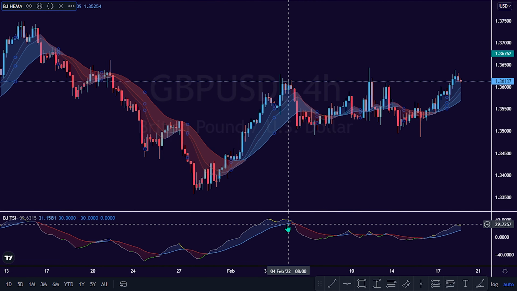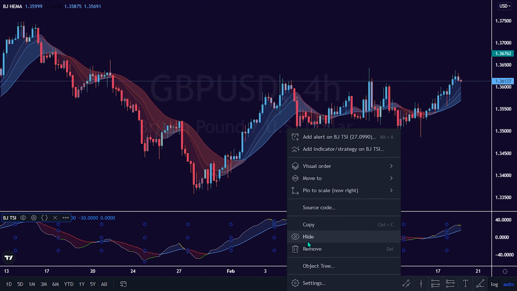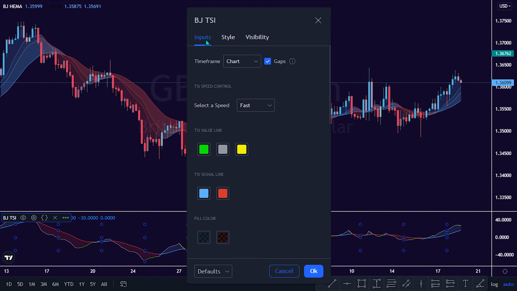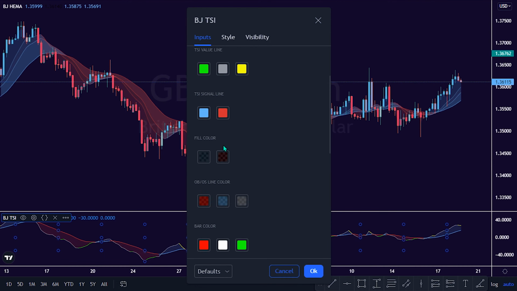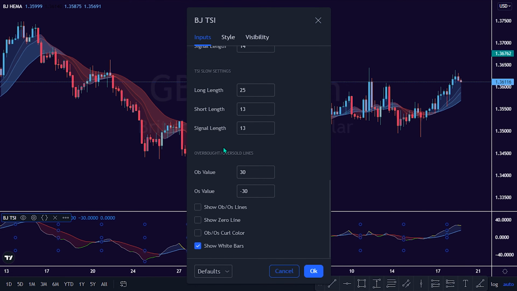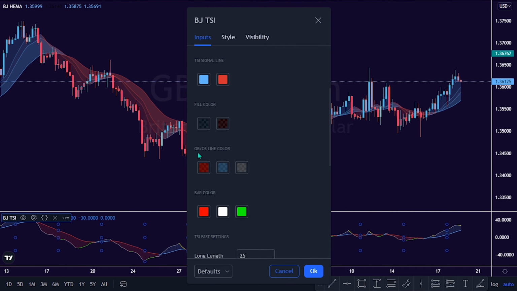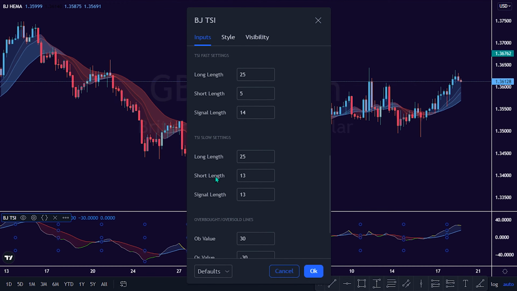Let's proceed further to check the Bjorgum TSI indicator parameter settings. Under the input option here, we can see the components that make up the Bjorgum TSI indicator. There's the TSI speed control, the TSI value line, the TSI signal line, the fill color, the OB and OS line color, and others.